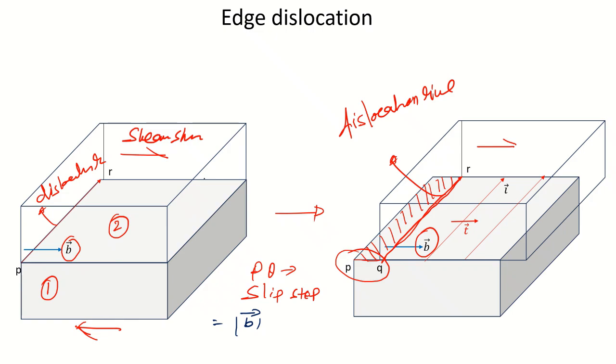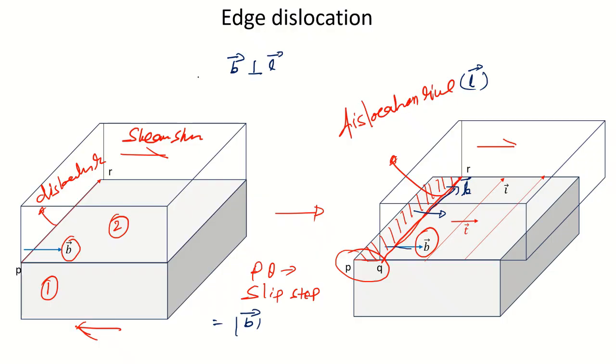So if I ask what is the relationship between the Burgers vector and the dislocation line vector, we denote the dislocation line by the vector L. The Burgers vector and the dislocation line are perpendicular to each other.